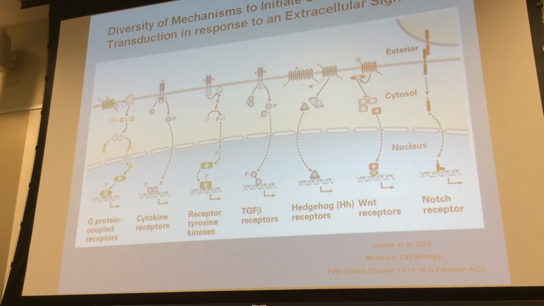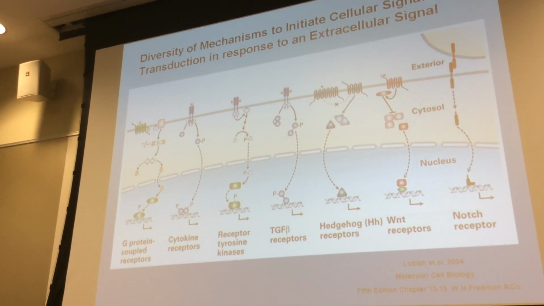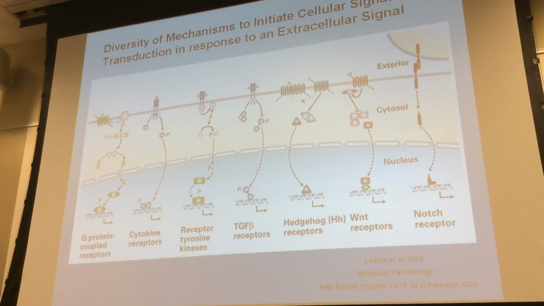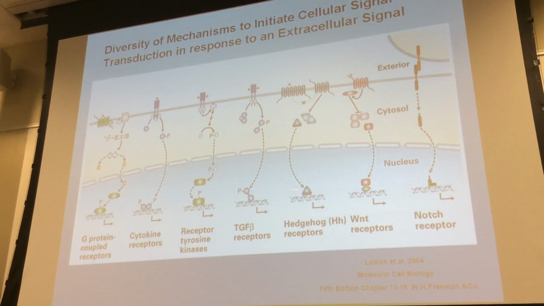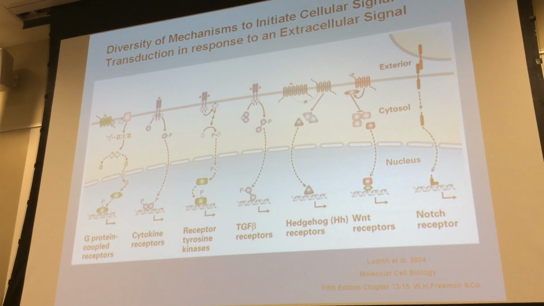Some of the things we're not going to have so much time to look at are TGF-beta receptors. These work through signaling by phosphorylating some transcription factors that can go directly into the nucleus. We'll just spend a little bit of time on those. But hedgehog receptors, Wnt receptors, and Notch receptors, we're just not going to have so much time to be able to work on those.